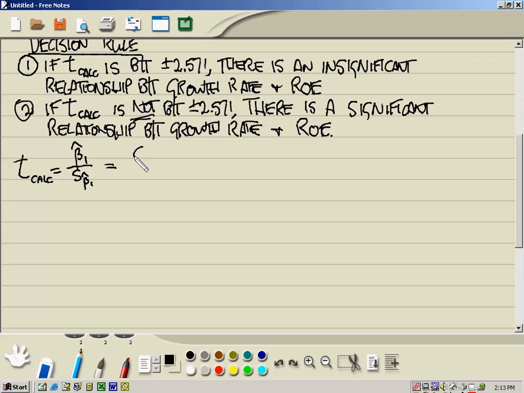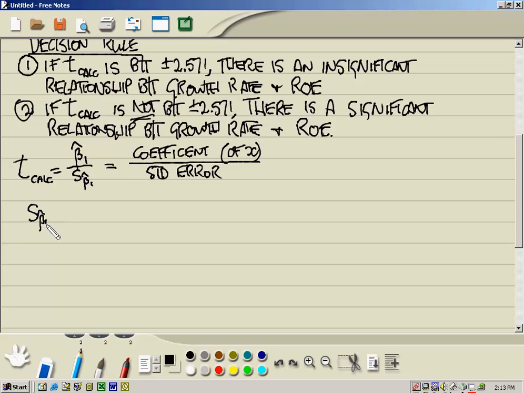So beta hat 1 is called the coefficient of x, and divide that by what is called standard error. Alright, sometimes instead of t-calc this is called a t-ratio. It's a ratio of these two items.